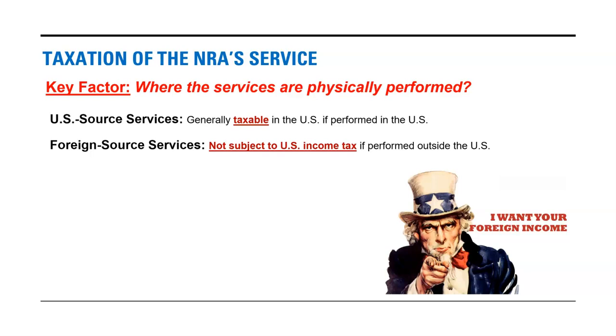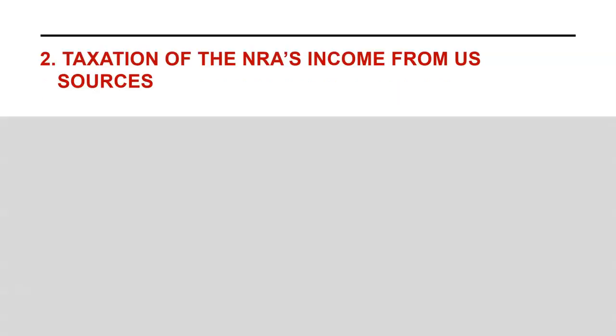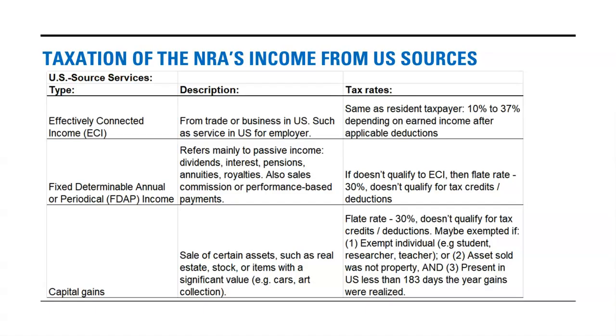But if the service is provided outside the United States, it's not subject to United States income tax. Okay, so the key factor is the actual or physical location where the service was performed. Okay, and let's look at the taxation of the non-resident alien's income.